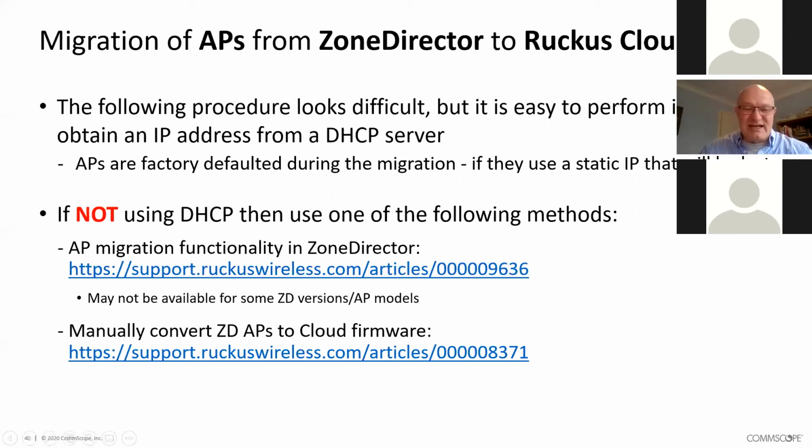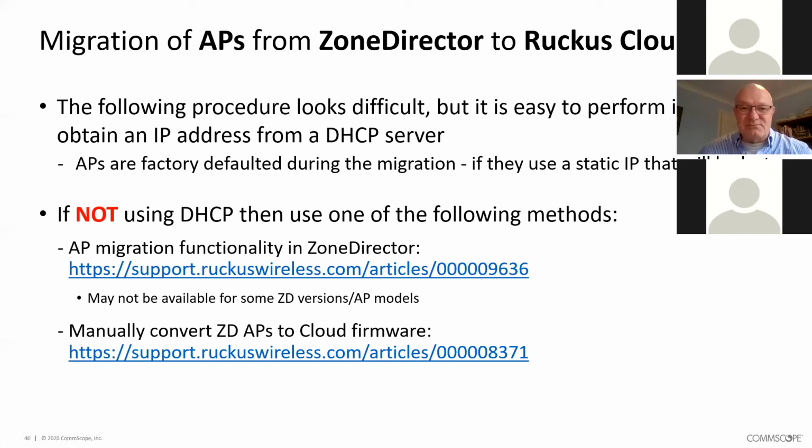So what we basically have to do is use a bit of tooling to both point the access points away from the ZoneDirector to the cloud, and also upgrade the firmware. This procedure assumes your access points have access to a DHCP server to give them an IP address.